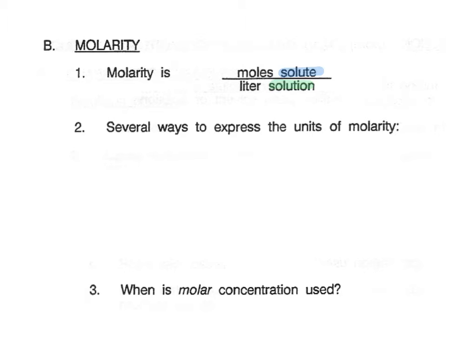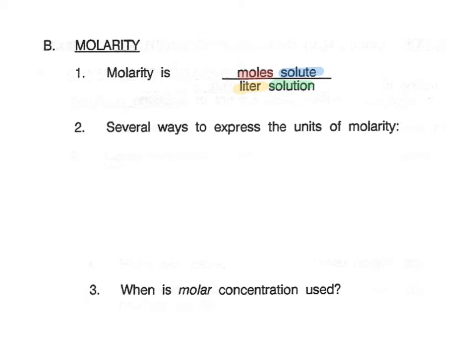We may be able to flip this over because this is a ratio similar to the way that the percents were ratios, so you never know which one goes on top or the bottom, but when we write it out, molarity is defined as the moles of solute per liter of solution. And do notice that the units on this are liter, not milliliter. We saw in the percents that we had milliliters. In the molarity, it is liter.